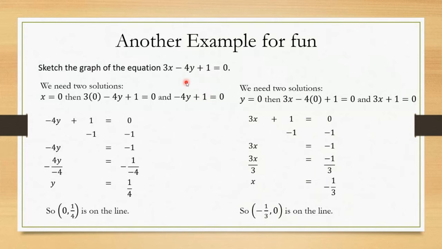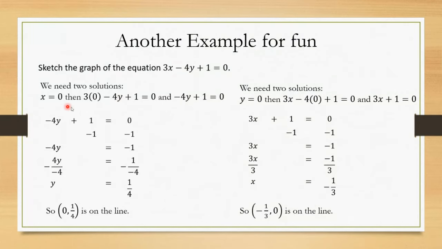We only need 2 solutions to the equation. So what we can do is replace one variable by a number and then calculate the other variable. So for instance, over here, I'm replacing x by 0, and then we're going to figure out what y is. That will give us a solution.